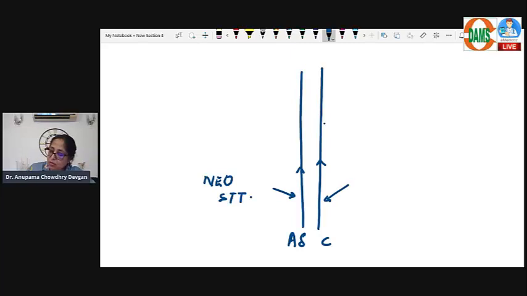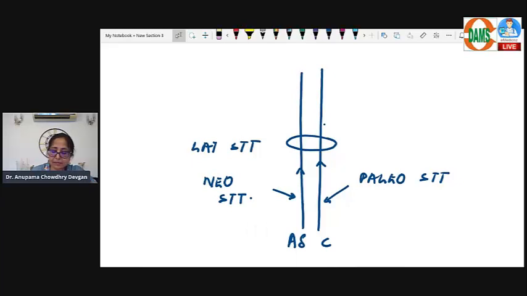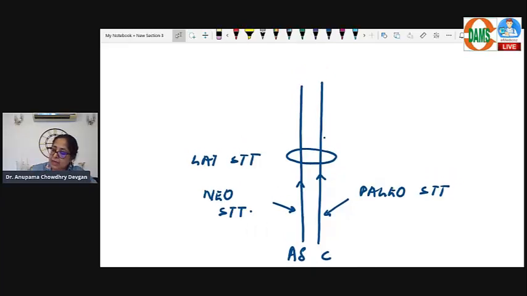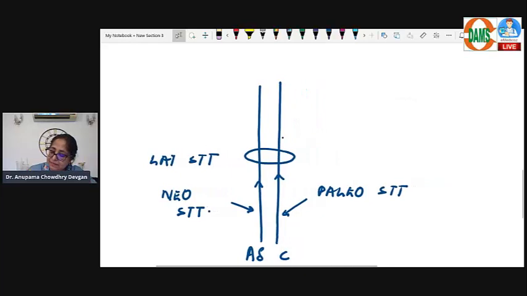C fibers are also known as the paleospinothalamic tract. In terms of evolution, came earlier. Together, this is known as the lateral spinothalamic tract. Lateral spinothalamic tract. Okay? Lateral spinothalamic tract. Okay? Now the paleospinothalamic tract, it gives rise to fibers.